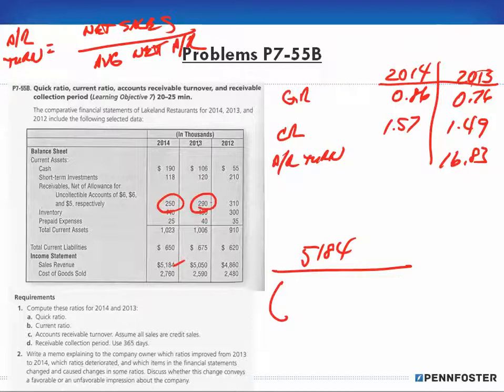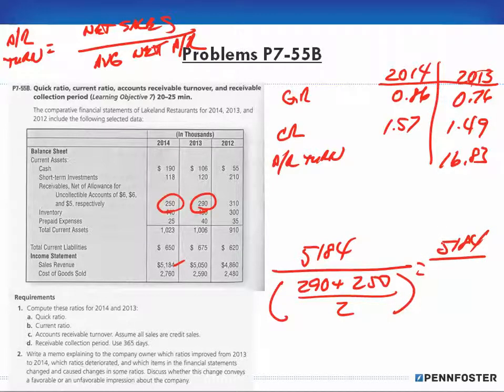You look at the ending of 2013, which is 290. That becomes the beginning of 2014, plus the 250, which is the ending of 2014, and you divide that by 2. So it's 5184 over, let's see, 290 plus 250 is 540.